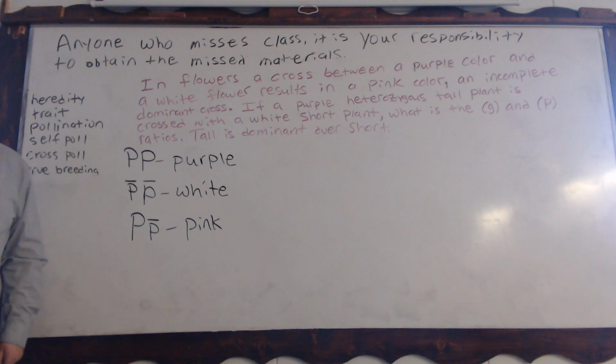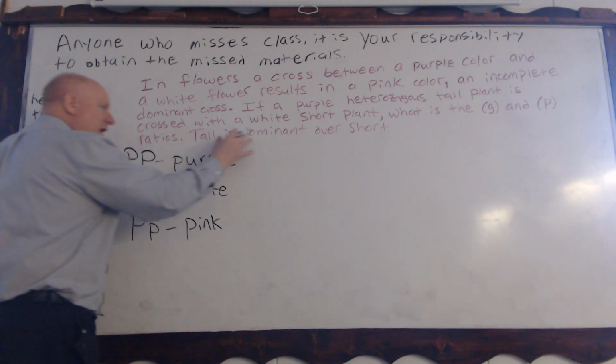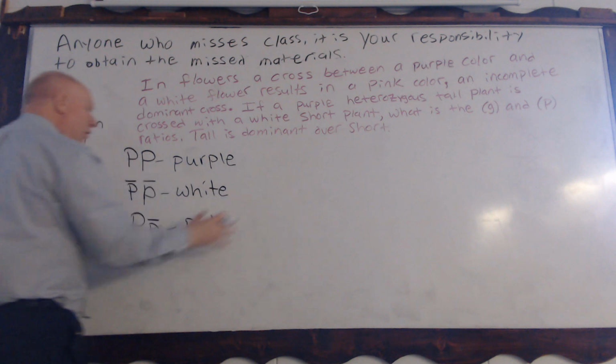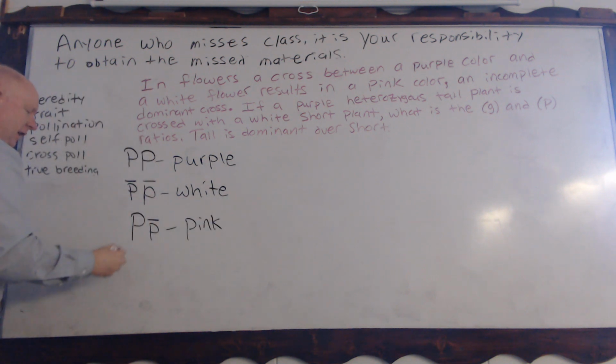Okay? Now, I tried to explain the same thing but a different way. That front row, are we good so far? Second row? Third row? Okay. Then, when we look at this trait, it says that tall is dominant over short. You don't have to put all of these letters here.